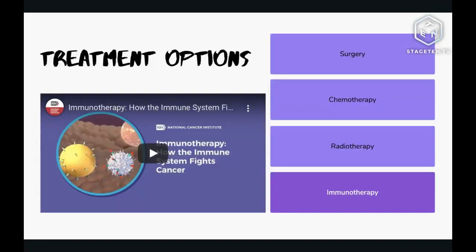The last but not the least, a new field in oncology is immunotherapy, and this enables the human organism to fight the cancer cells better. It helps the immune system cells to gain their immune competency. They provide different new options for these treatments, etc. Usually when we speak about any kind of cancer treatment, we speak about a combination of some of them.